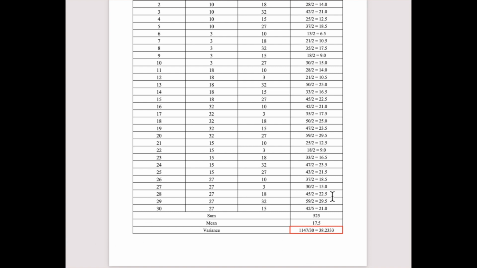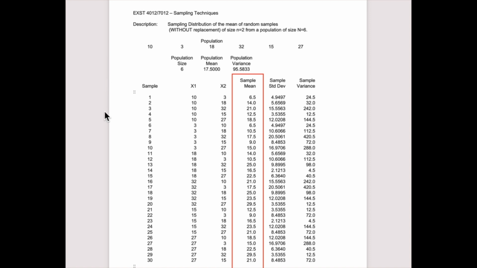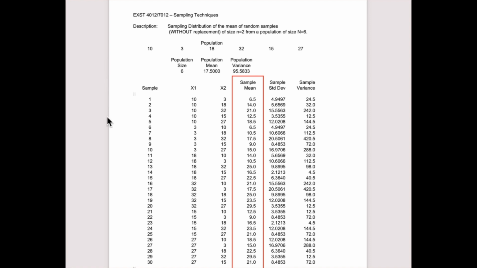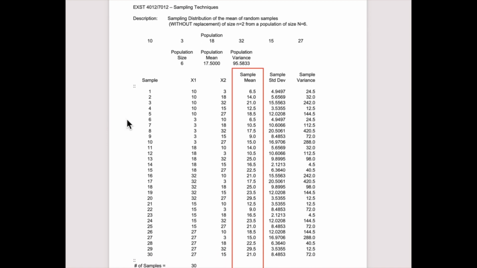Now, we've created this table in a word processor, but we could also do this in a spreadsheet. In fact, that would be much preferable. Here is a display of doing that. I've used a spreadsheet. I have typed in the sample number and the values for each of the 30 samples, and then I've programmed the cells to calculate the sample mean, the sample standard deviation, and the sample variance for each of the 30 samples.